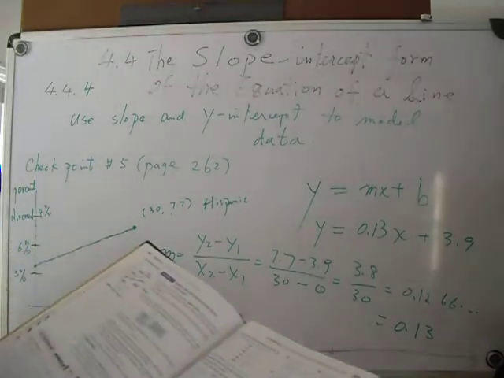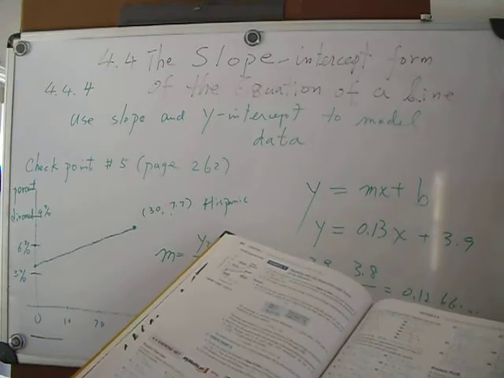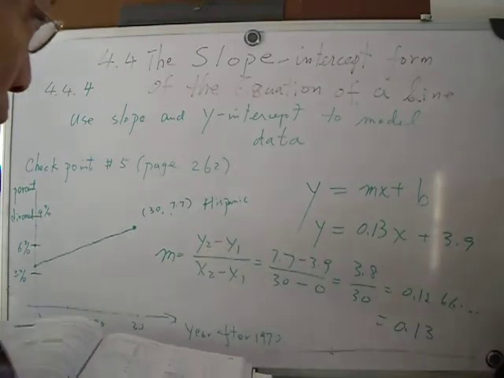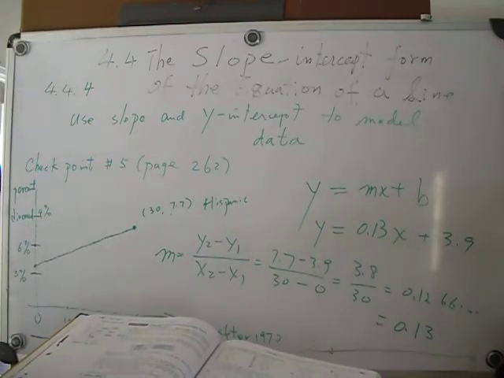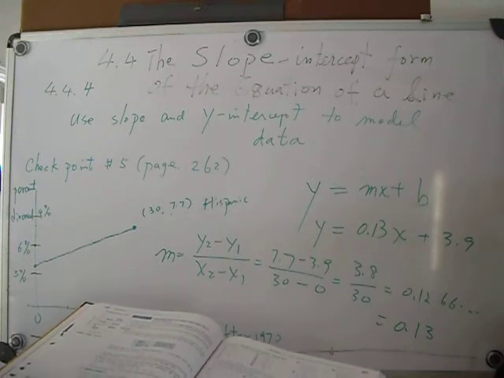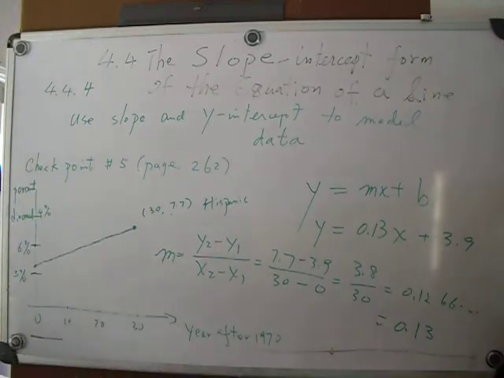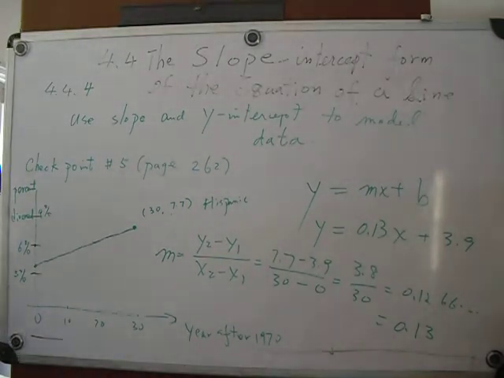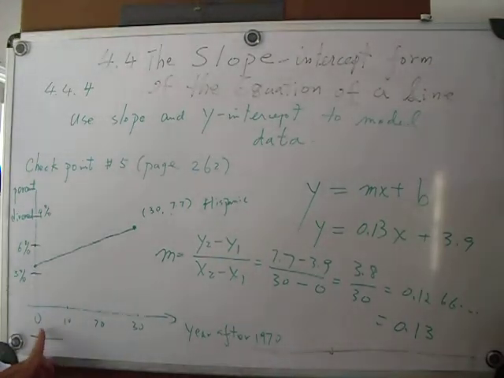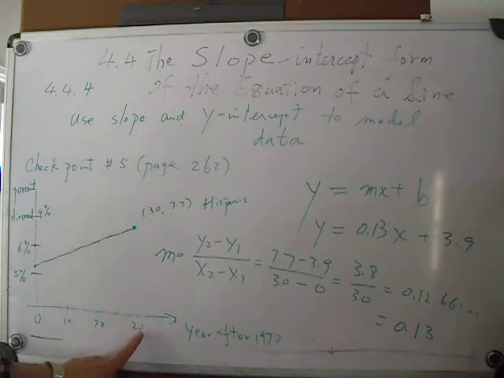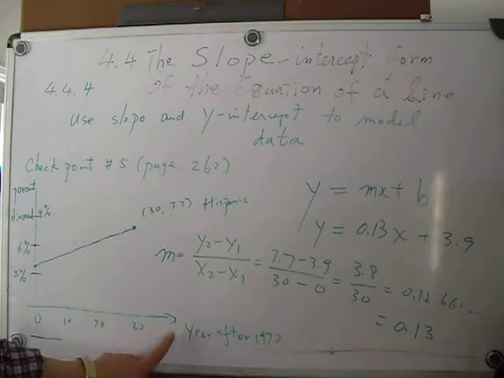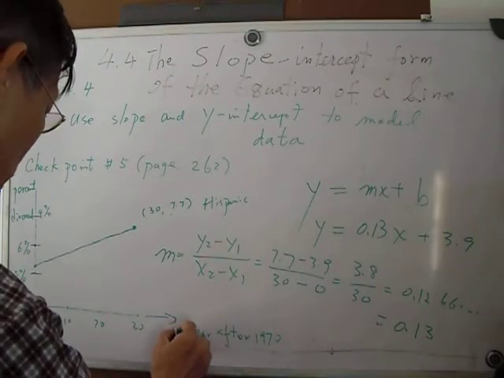And in part B, use this model, the mathematical model, to predict the percentage of divorced Hispanics in 2010. You're going to calculate. This is 1970, 80, 90, 2000. 2010 is right here.